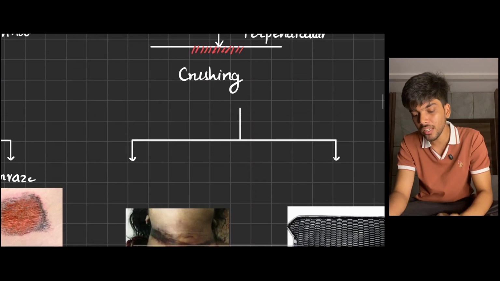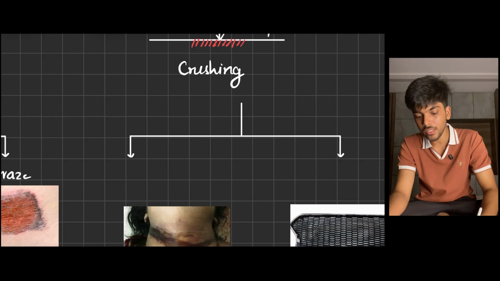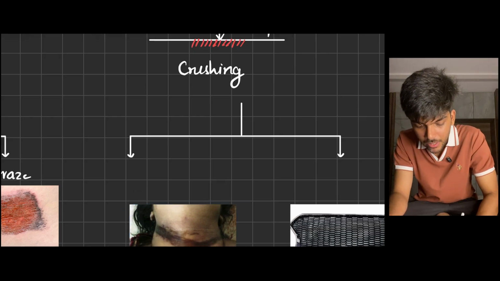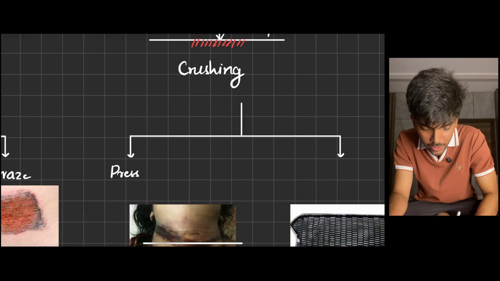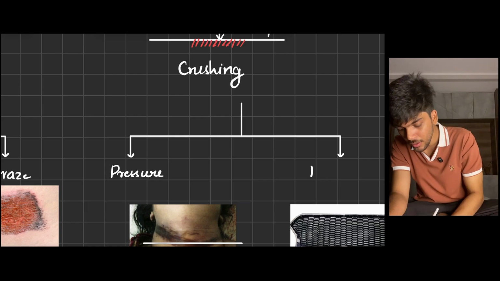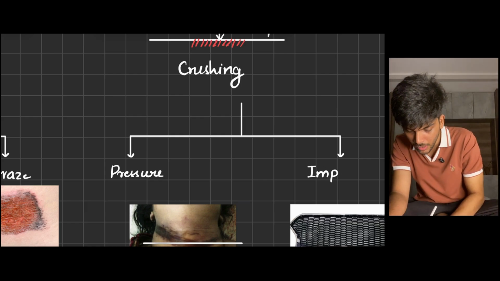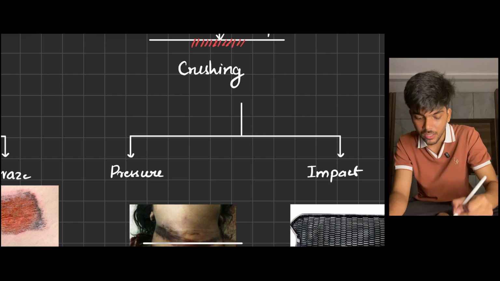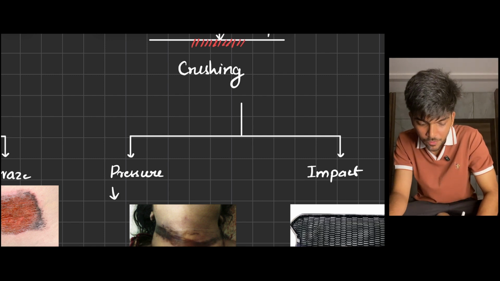Next is crossing abrasion. Within crossing abrasion, you have two types: pressure abrasion and impact abrasion. Pressure abrasion is a crossing abrasion where less force is applied for a longer period of time.